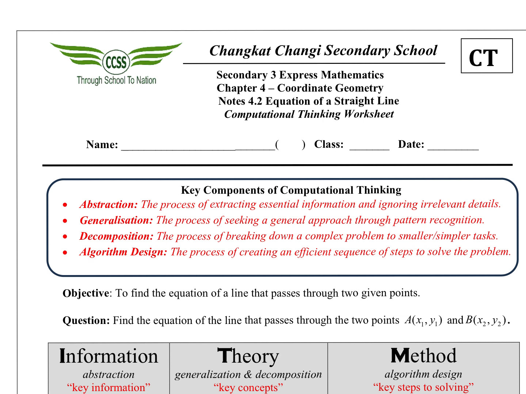So abstract the key information to help you solve. Break the problem down by decomposition. Then look for a pattern, try to use a pattern to solve it. And finally, design a series of steps to solve your problem. So this is the whole thing about computational thinking.